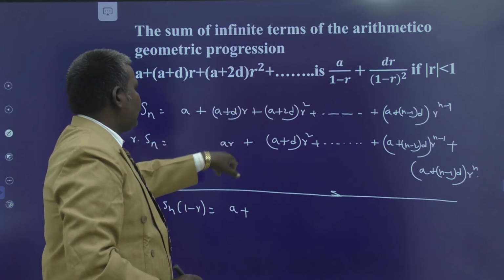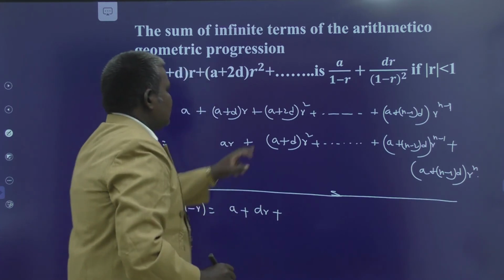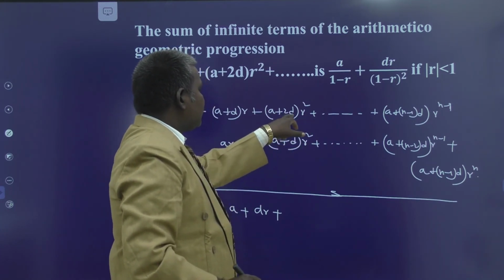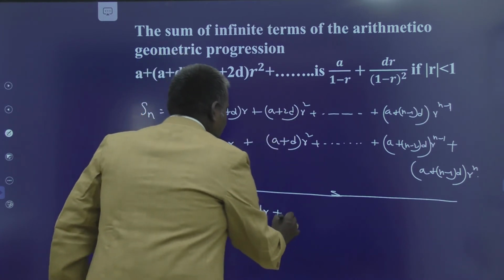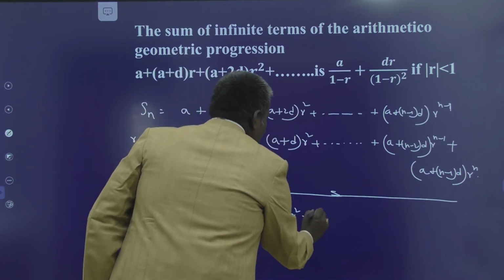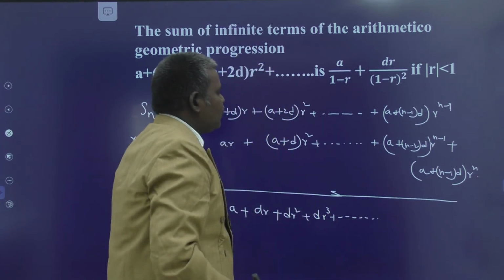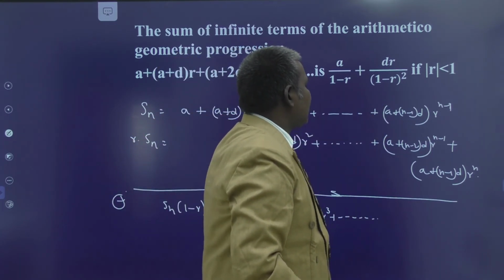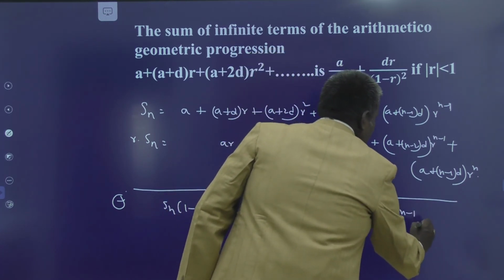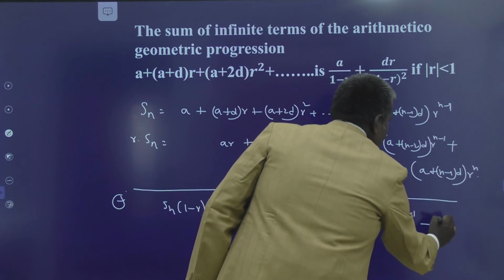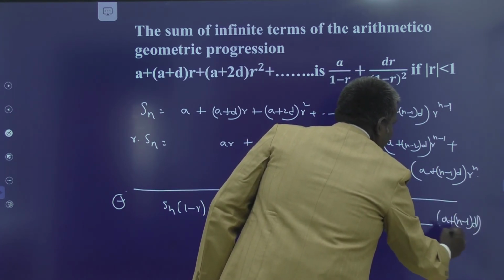AR gets cancelled, we get DR. Plus A plus 2D minus A plus D, we get D, so DR square is there. DR plus DR square plus in the same manner DR cube plus and so on up to plus D times R power n minus 1, minus this term, A plus n minus 1 into D R power n.